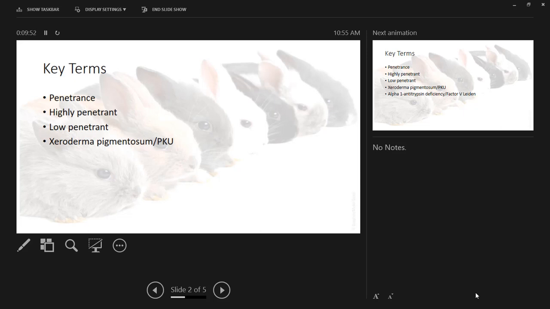With these highly penetrant genetic illnesses, your only option is to avoid whatever the environmental trigger is for the pathology. Just because you have this disease does not necessarily mean you're going to develop skin cancer, as long as you can avoid the environmental cause of that DNA damage. So here you have to avoid sunlight pretty much at all costs.